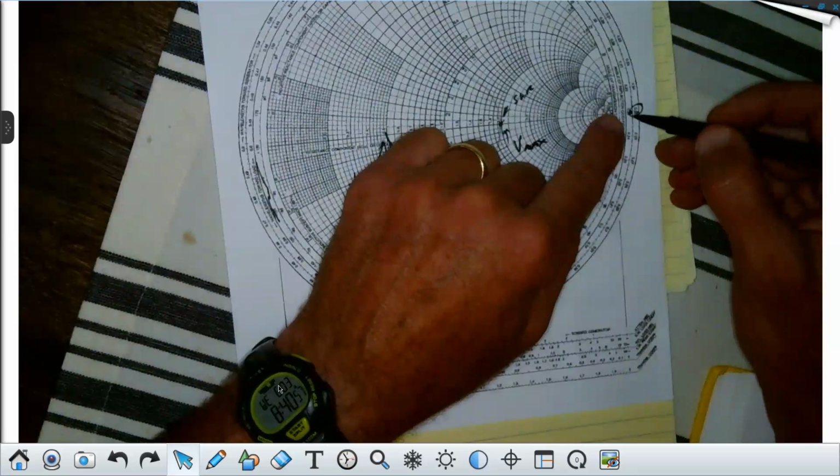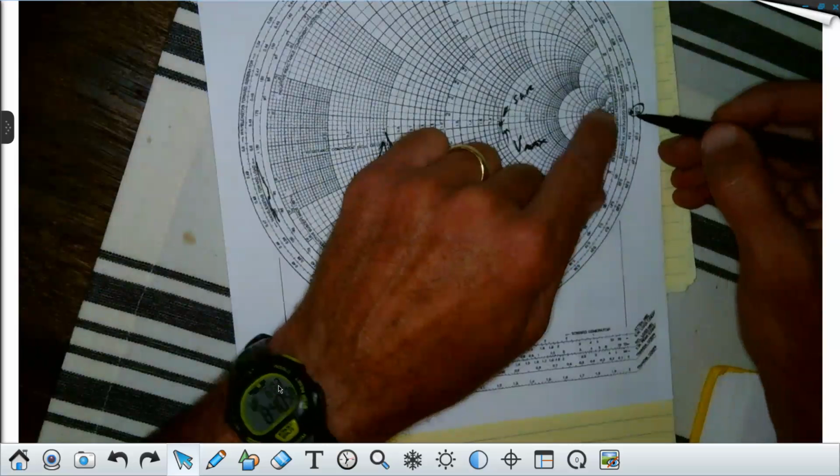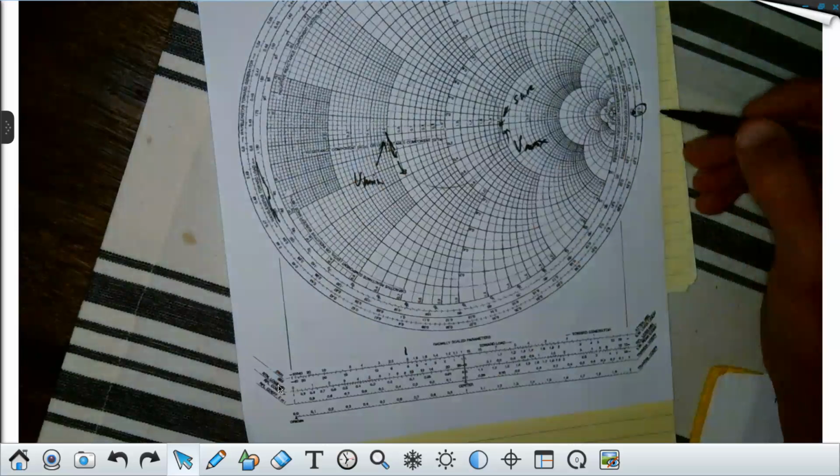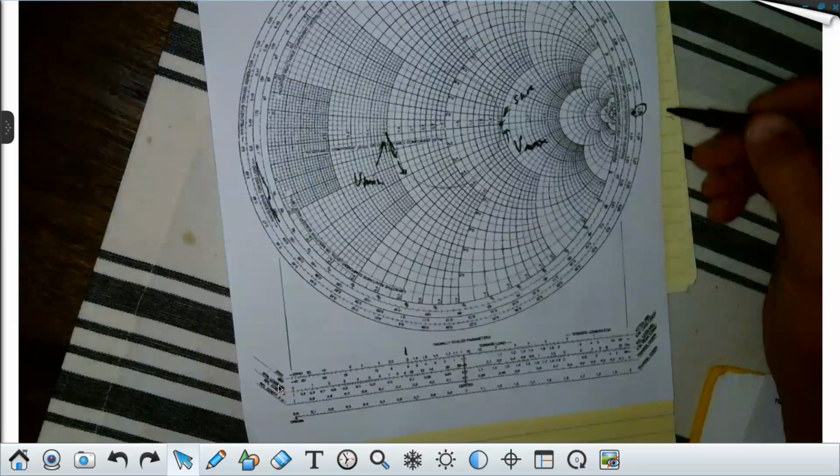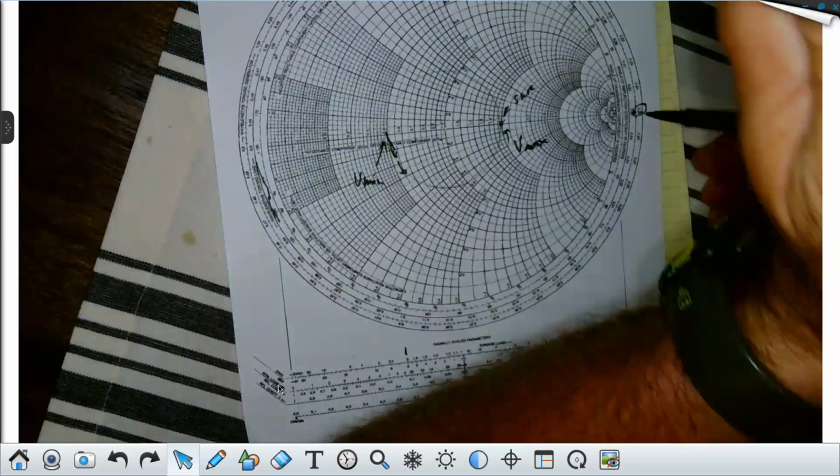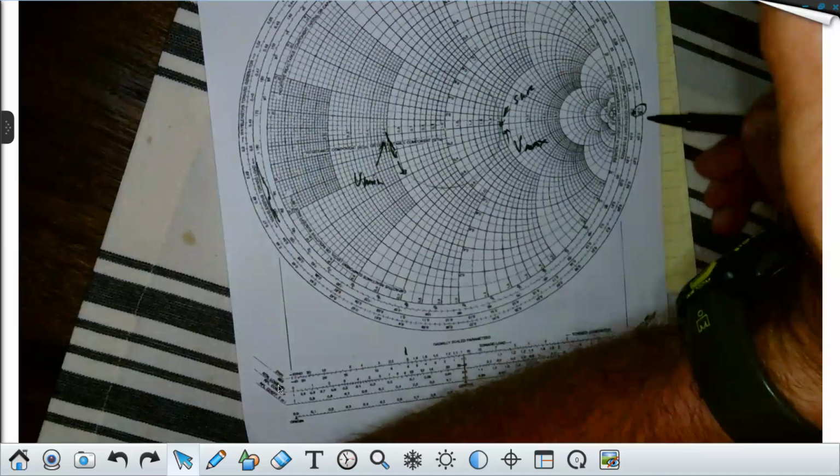Yes, sir. Now I have to add 0.3 to that. So when I add 0.3 to 0.25, I get 0.55, don't I? Right? 0.25 is where I start. I'm going to move a third of a wavelength, which is 0.3 lambda.